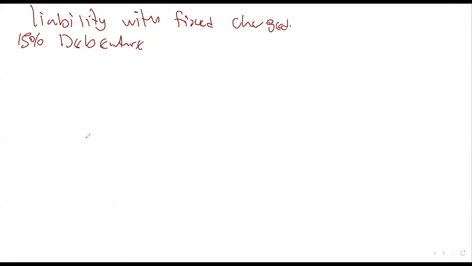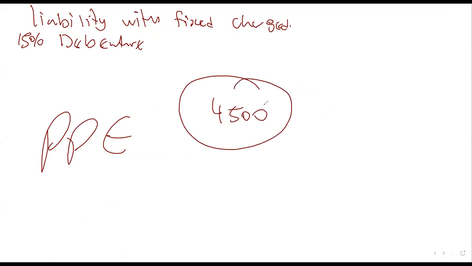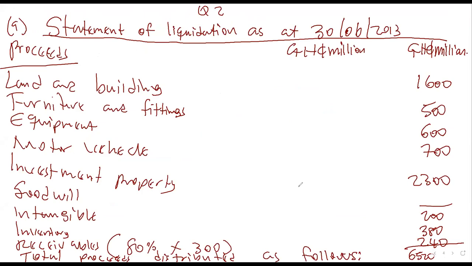They say it was secured on PP. The amount is 4,500. Let's see, can we pay all? It was secured on PP, so we have to add the PP amount together. And PP is made up of 4 assets. So add all of them for me.